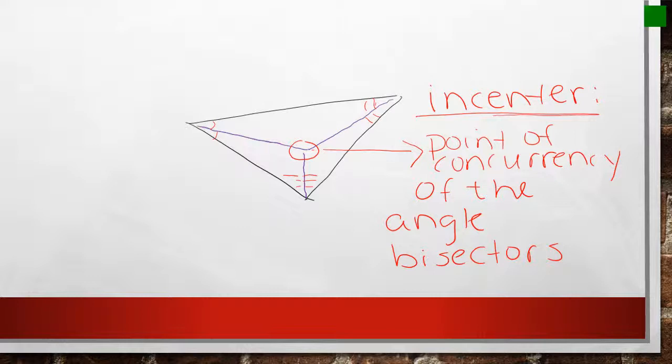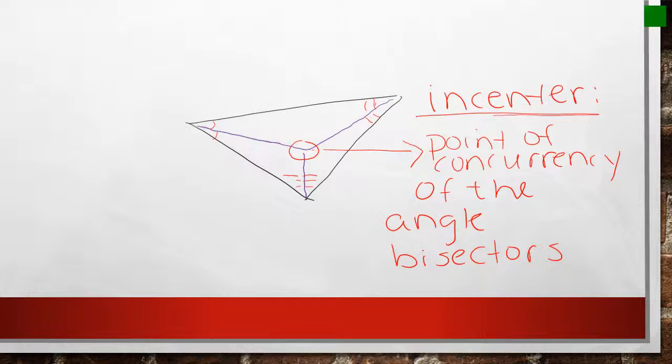Because those are angle bisectors. So where they meet, where they intersect here, is called R. This is the point of concurrency of the angle bisectors.